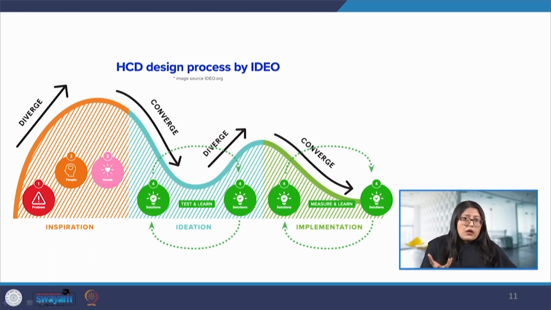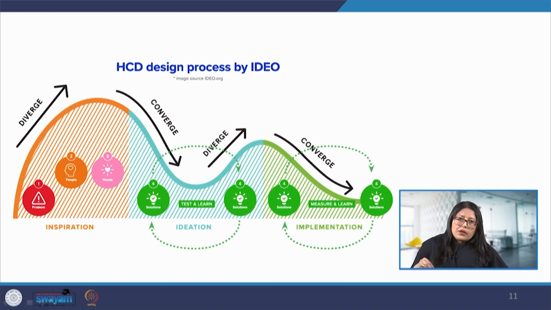And then finally we are converging. So we can see how the graph is moving. So we are converging to a final output, but before we implement it, it is being measured: what is the output, and are there any more gaps that need to be incorporated, so that learning is applied.